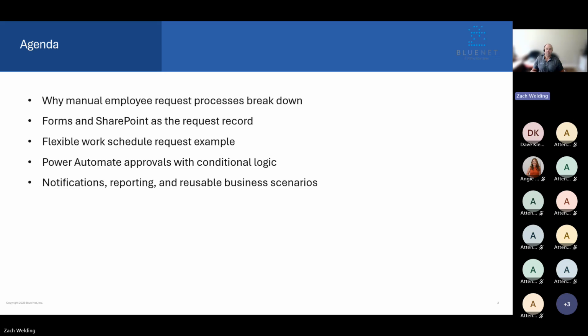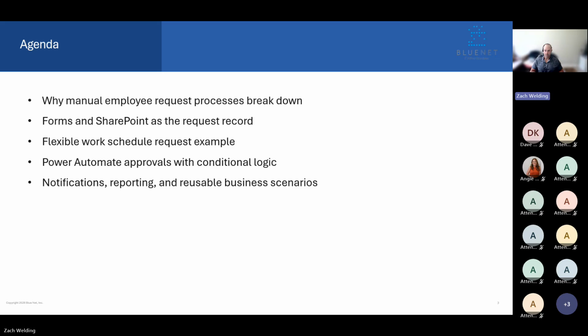So what are we going to talk about today? A little bit about why manual employee request processes break down, what are some of the inefficiencies we see with that, and how can we make it better. We're going to talk about the different options we have with forms in Microsoft 365 and how SharePoint can help be treated as like the request record and database for all of our form submissions.